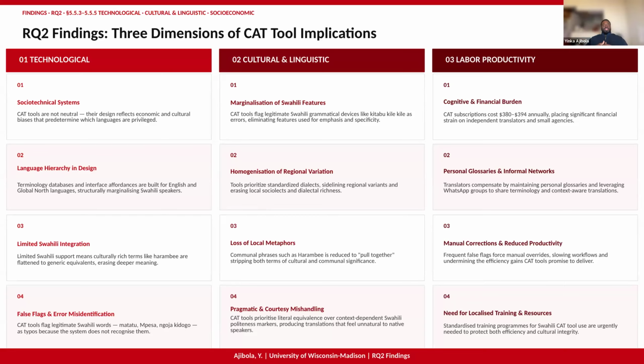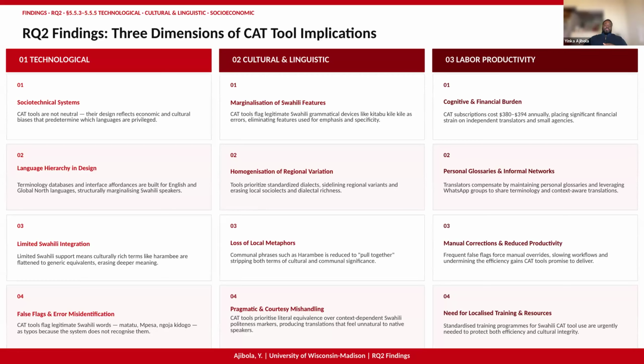On top of that, when you look at the terminology database, it often has limited Swahili entries. So translators cannot rely on the existing CAT system suggestions, and instead they have to create or adapt terms by themselves. Even when you push it a bit further with the translation memories, one of the main purported functions of CAT tools does not even work.